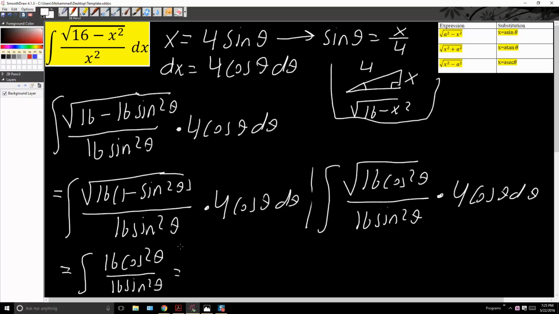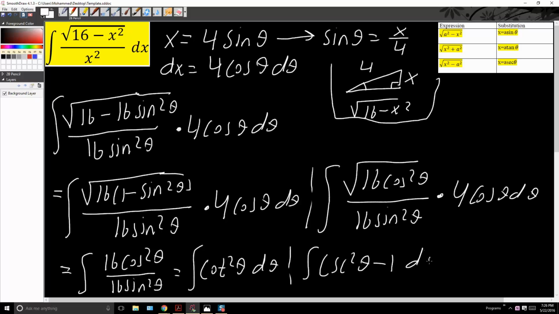We know that cosine theta divided by sine theta is cotangent theta. So for us, we will have now cotangent squared theta d theta. And so we also now will use another trig identity. So cotangent squared theta is equivalent to cosecant squared theta minus 1 d theta.